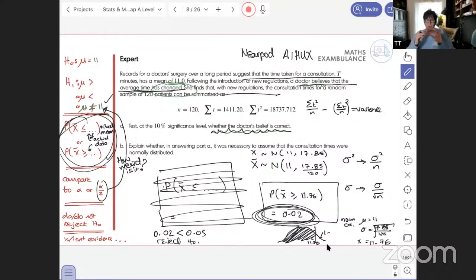You start under the assumption that H0 is correct. You do a test, and if it comes out really weird, so unlikely that it makes us go, all right, maybe it's not that then. But it's always about the H0.